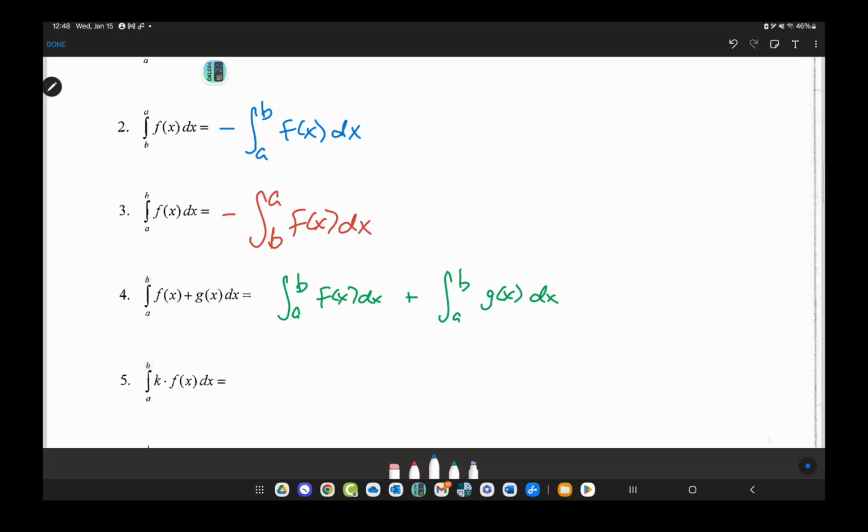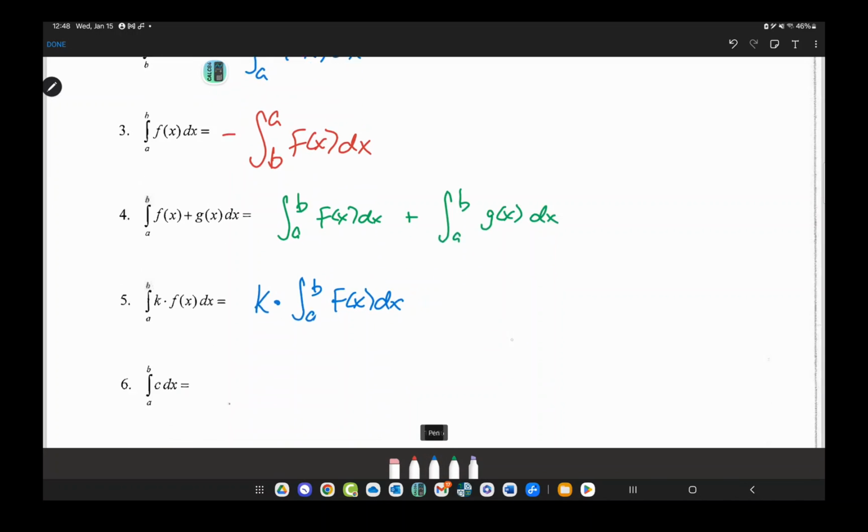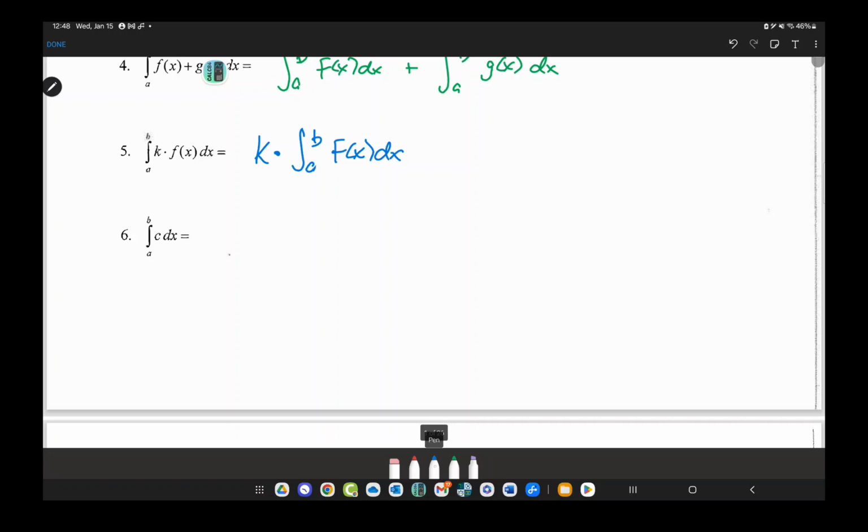Inside the integral, we can move any type of coefficient outside. So we can write this as k times the integral from a to b of f of x dx. And the integral of a constant, that means I would have this right here from A to B. What shape is this?